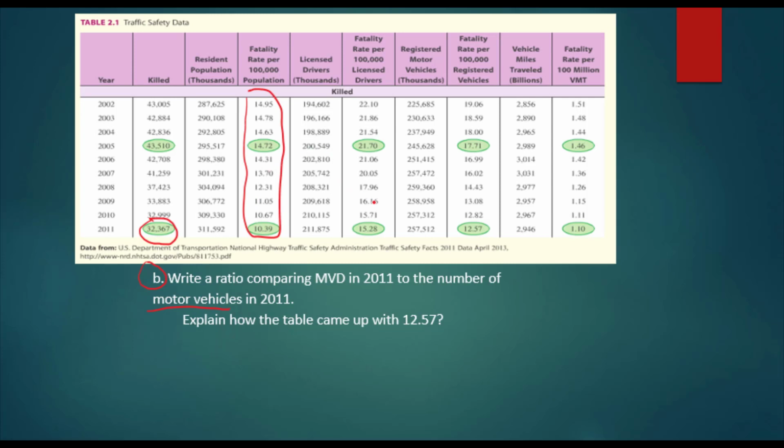So that's why they now analyze this one here. So this is the column now that they're analyzing based on number of deaths per number of vehicles, which is right here.